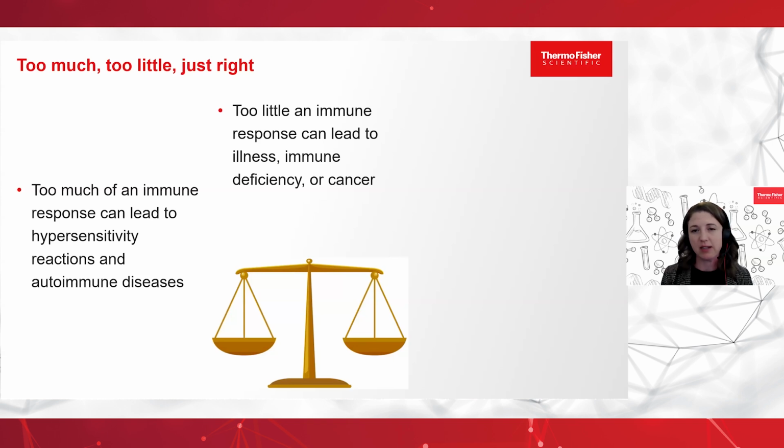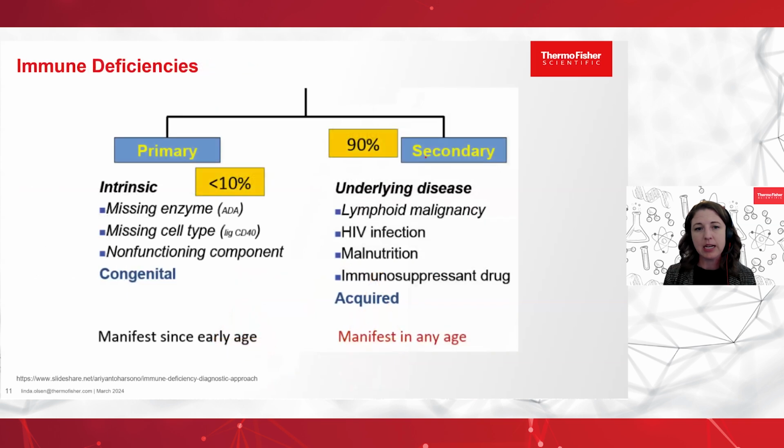Of course, if we can't respond to a germ or a pathogen, we will get sick, we'll have illness, but we also can suffer from immune deficiencies or cancer if we have too little immune response. There are multiple types of immune deficiencies that may be something we're born with due to a genetic issue.